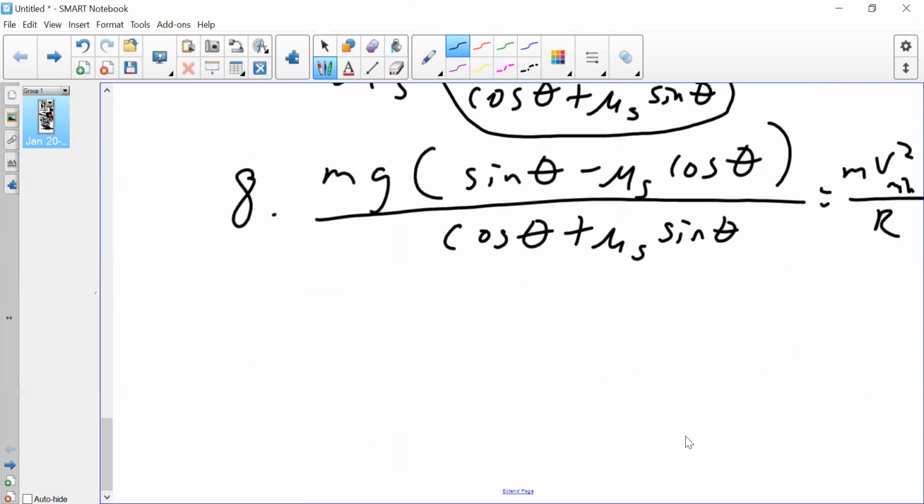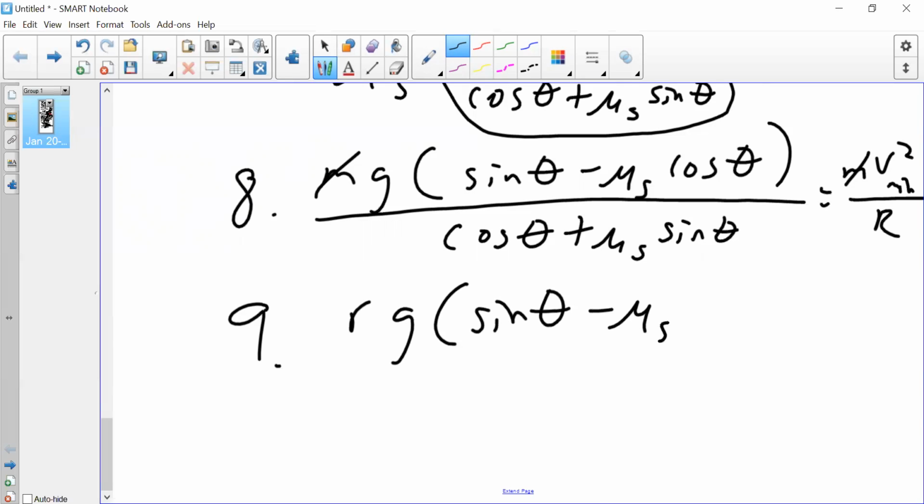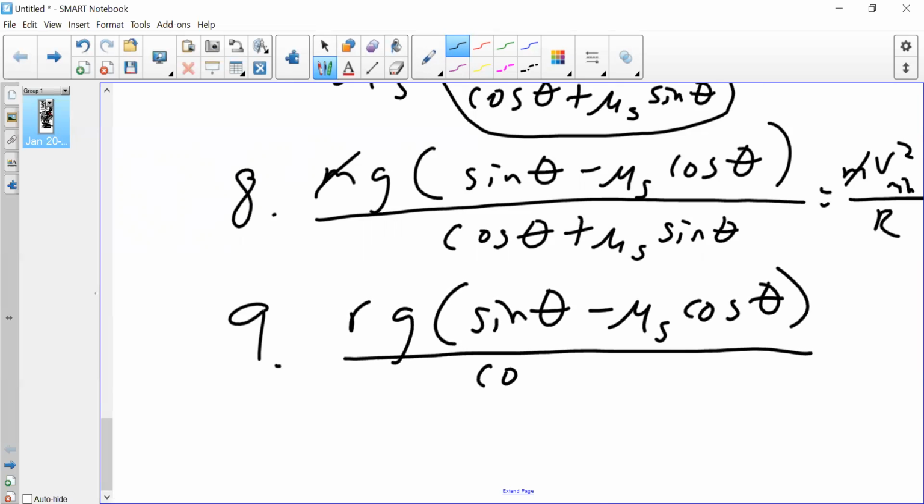Okay, so now let's go to step 9. I want to get an expression for V. My masses cancel out on both sides. I multiply both sides by R. I have RG. And that gives me my V min squared, and take the square root.